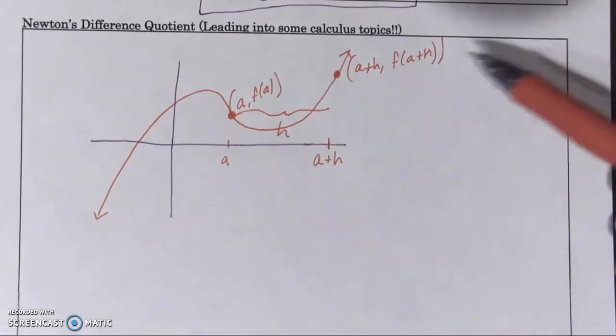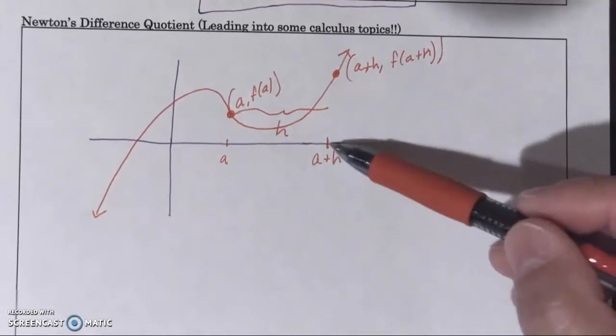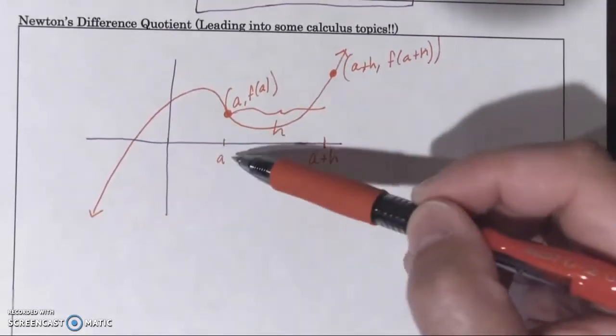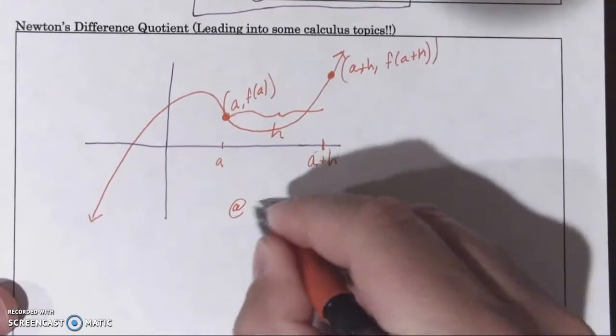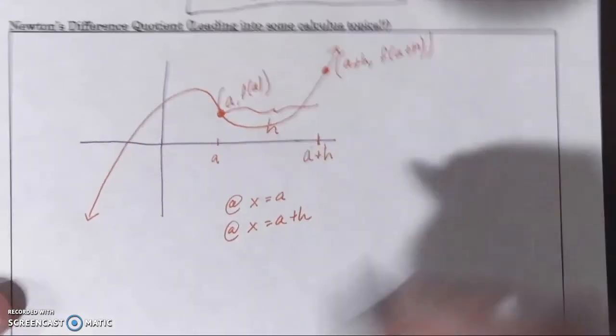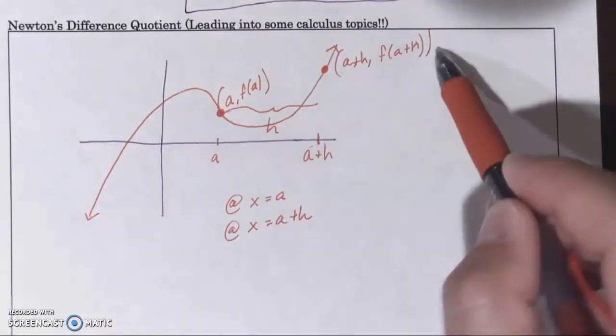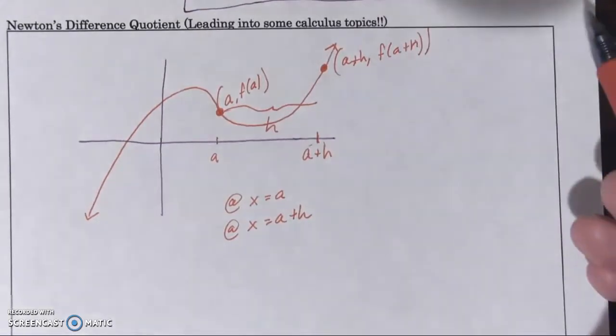All right, if we were to use our average rate of change formula here, where this is b and this is a, so at x equals a and at x equals a plus h, if we were to find the average rate of change, or the slope of the secant line connecting these two, let's see what happens.